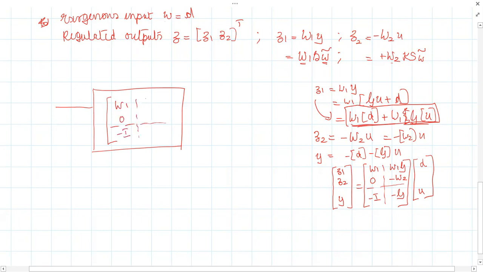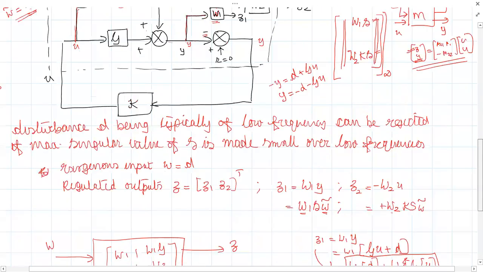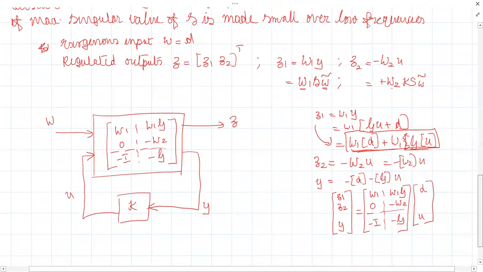Minus I, W1 G, this is minus W2, this is minus G. This is the controller K. This is the exogenous input W, this is the regulated output Z, this is the output Y, and this is U. So we have brought it down into the standard form.